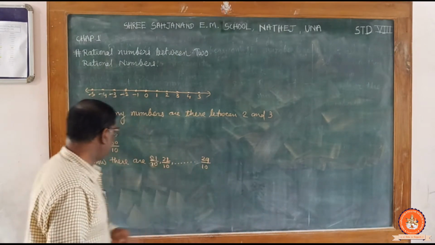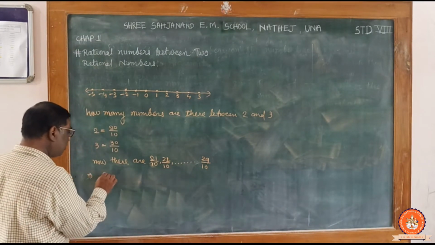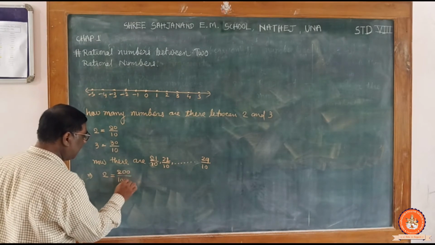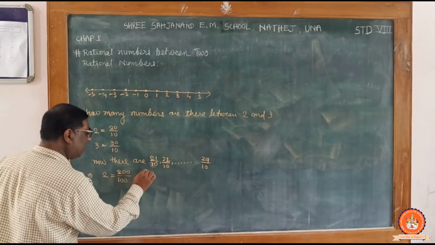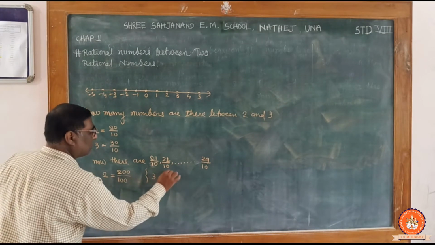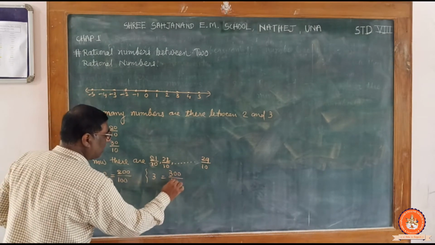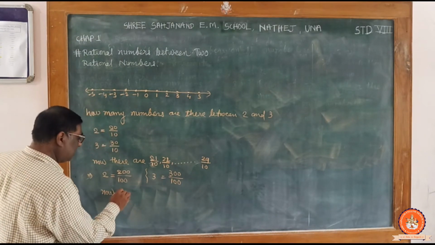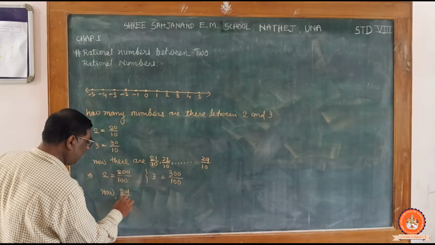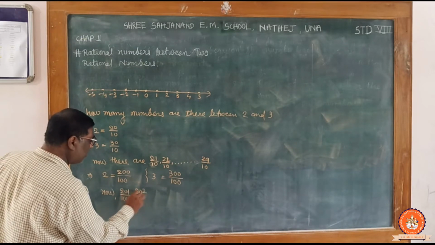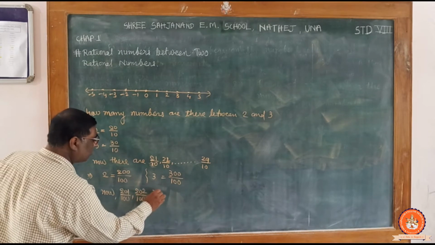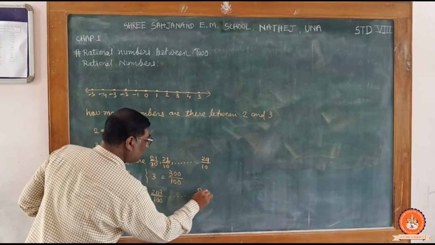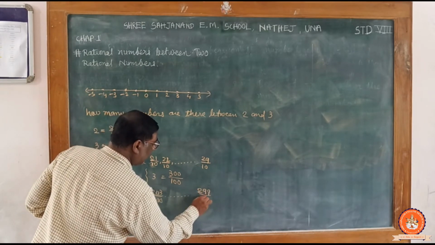Certainly not. My friend, look at it. 2 can be written as 200/100 and 3 as 300/100. Now there are more numbers. There are 201/100, 202/100, 203/100, up to 299/100.